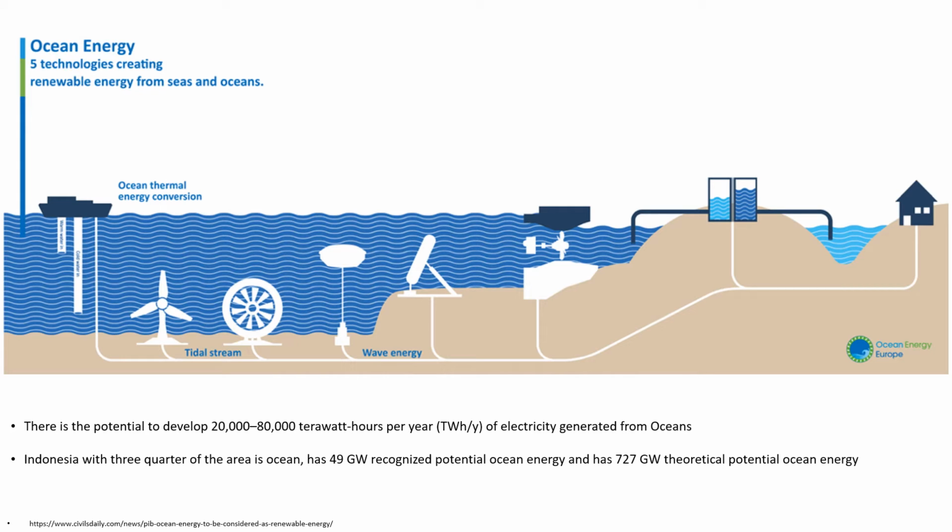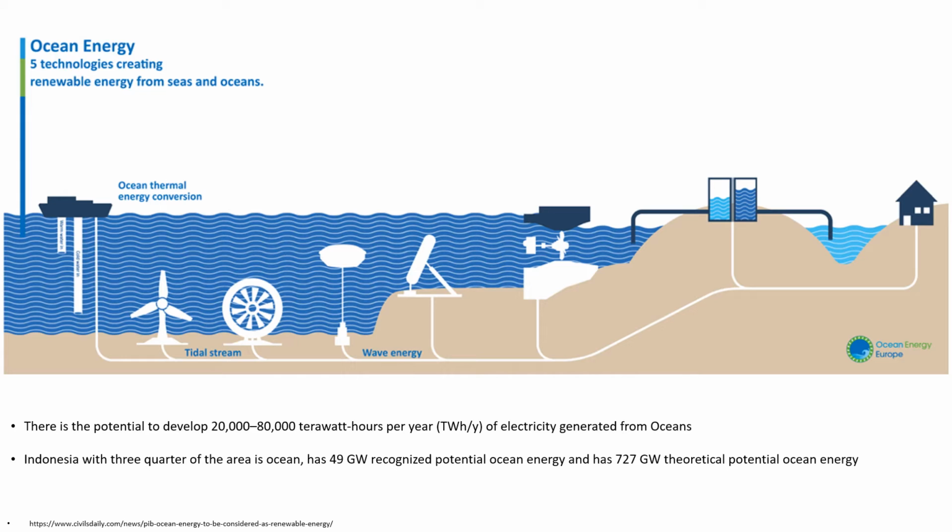It is estimated that it is possible to develop 20,000 to 80,000 terawatt hours per year of electricity from the ocean temperature gradient, salt content, movement of tides, current waves, and swells all put together.